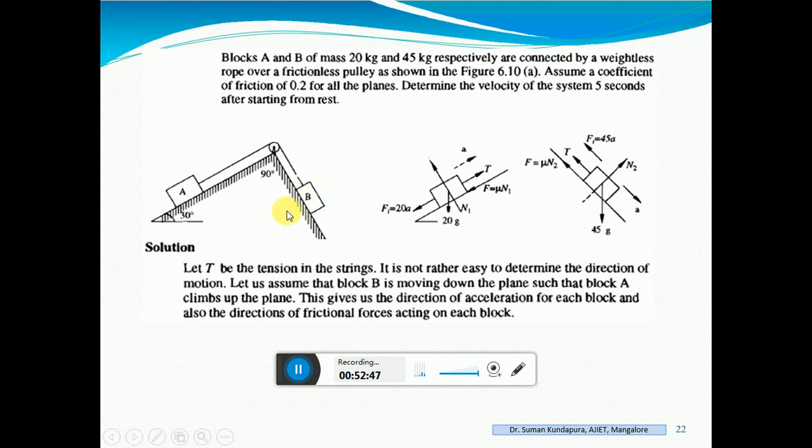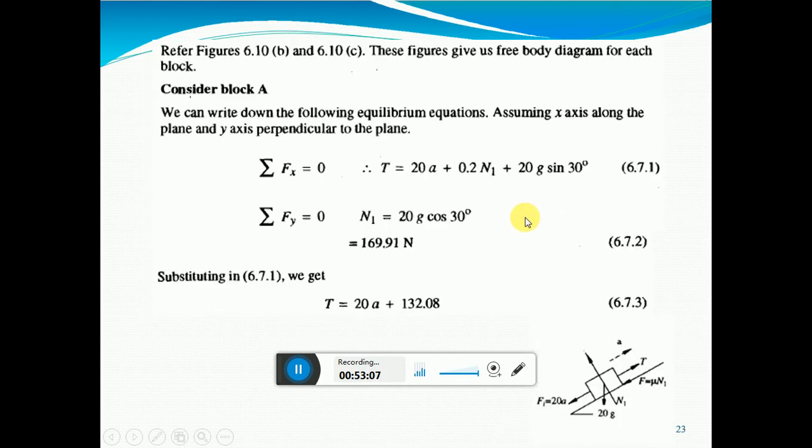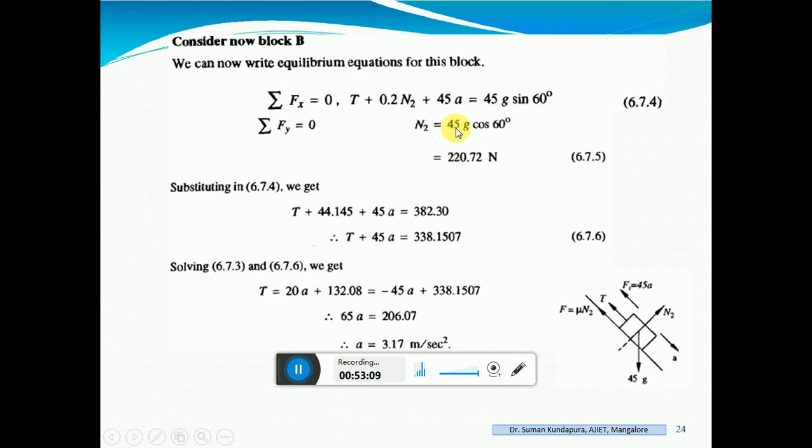If this angle made with respect to the x-axis is 60 degrees, then the angle made by the weight, if I drop the perpendicular, this also will be 60 degrees. So while resolving, N2 minus 45 G cos 60 degrees.